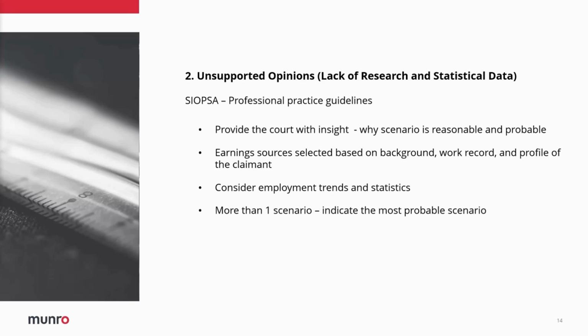And also, if there's more than one scenario, the IP should state which is the more probable scenario. This could be problematic. Sometimes it is worthwhile to consider two scenarios and calculate the earnings on both. But in most cases, we see the court looking for that more probable scenario, and to be very clear about that is valuable.